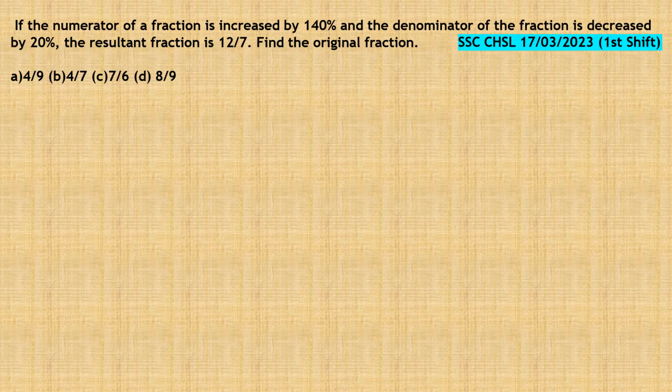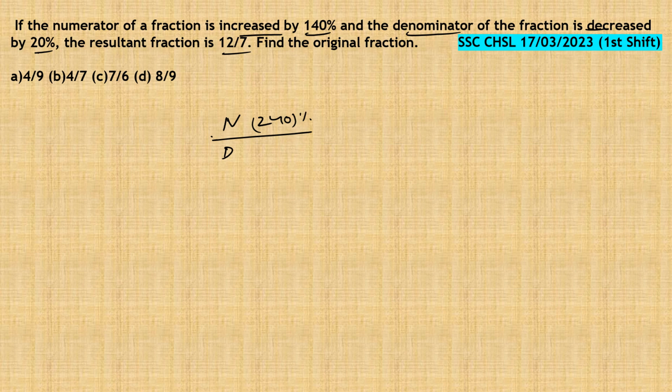If the numerator of the fraction is increased by 140% and the denominator is decreased by 20%, the resultant fraction is 12 by 7. Find the original fraction. Numerator by denominator. The numerator is increased by 140%. It was 100%, increased by 140, that means now the numerator is 240% of itself.